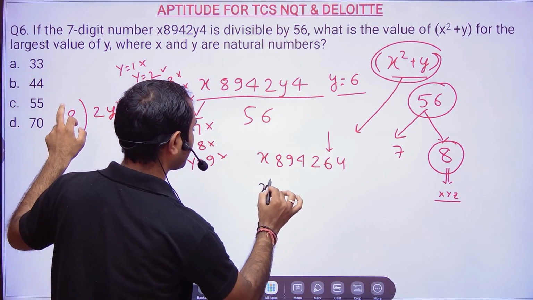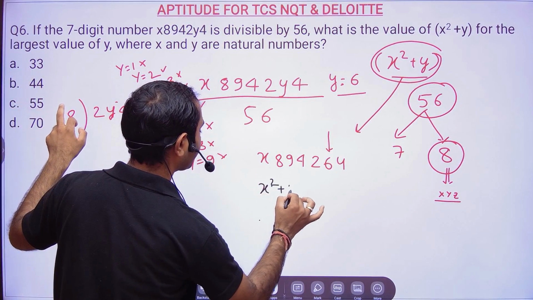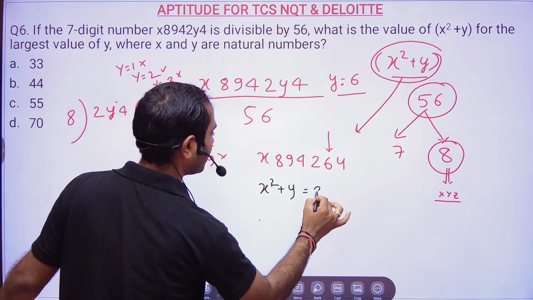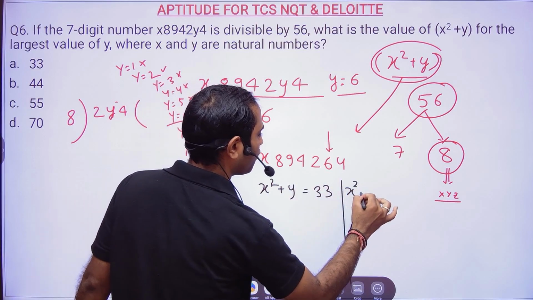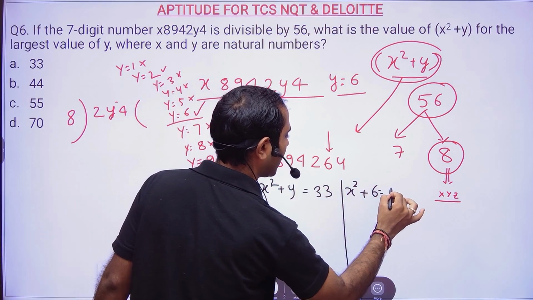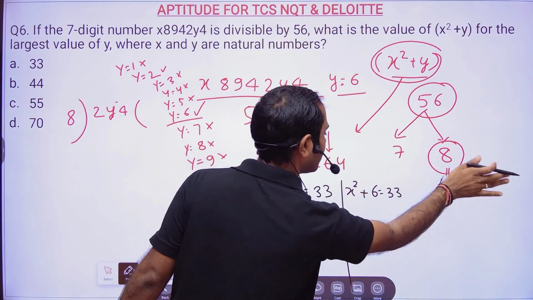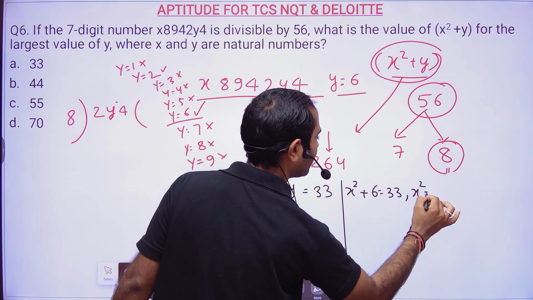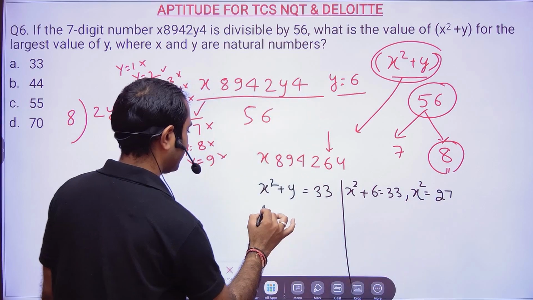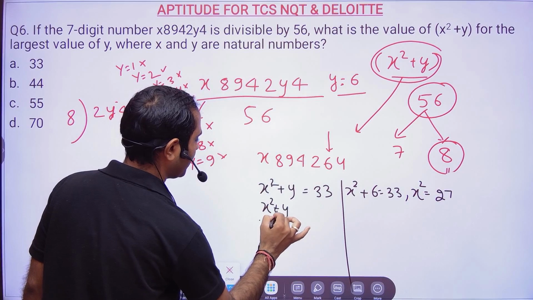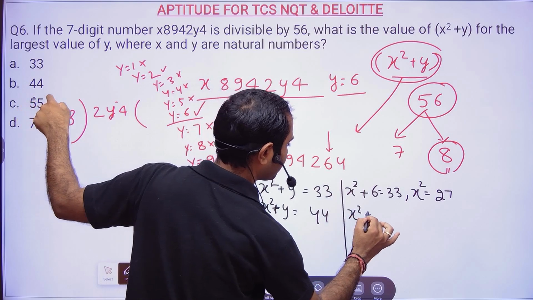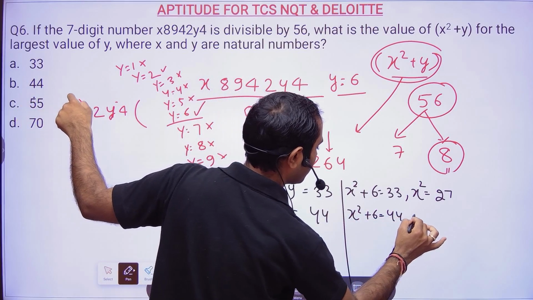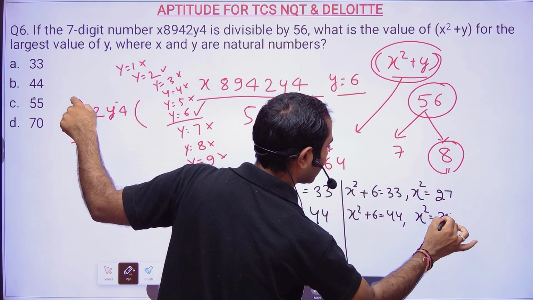So x square plus y value is given as 33. But we know y is nothing but 6. So I am just calculating here. x square is 27, the first value. Then x square plus y, second value is 44. So x square plus 6 is 44, so x square will be equal to 38.